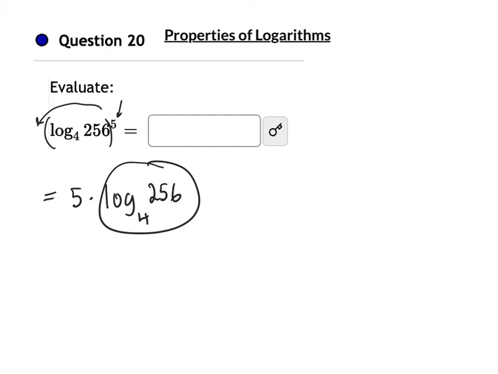It turns out that 4 to the 4th is 256. So this is 5 times 4. This is 4 to some power is 256. I just tried a couple different numbers in the calculator till I figured out that the thing I needed was 4. And our answer here then is 20. 5 times 4 is 20.